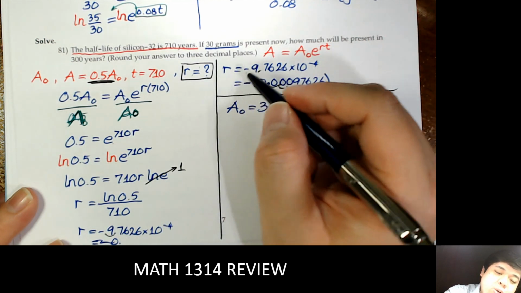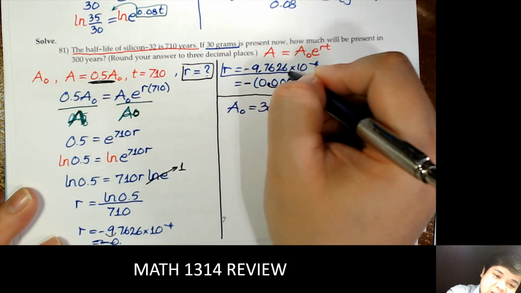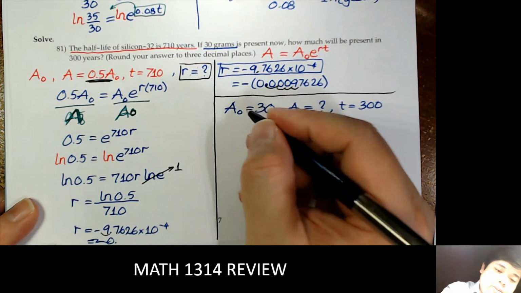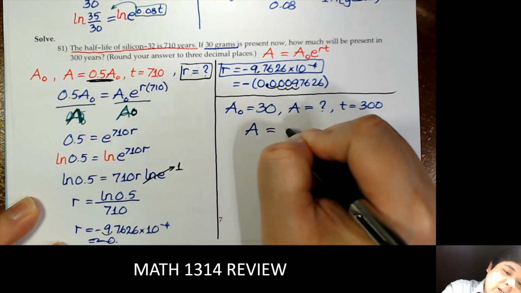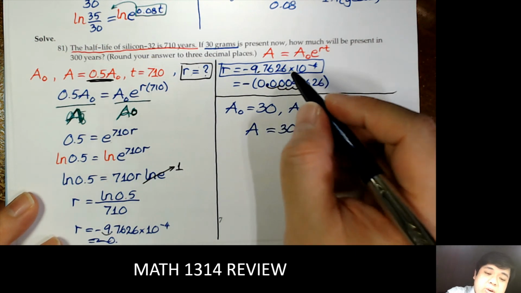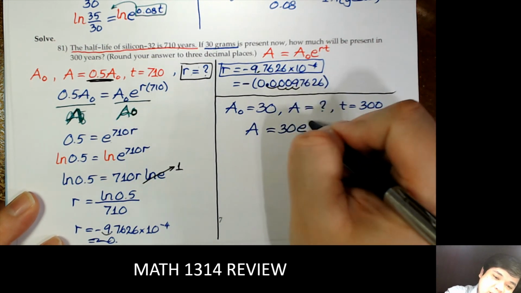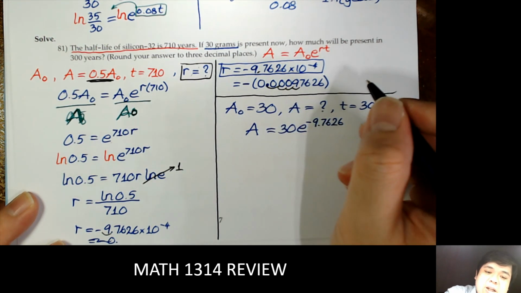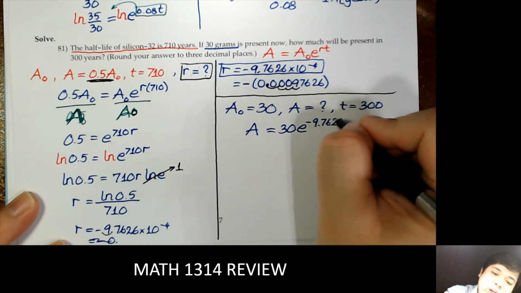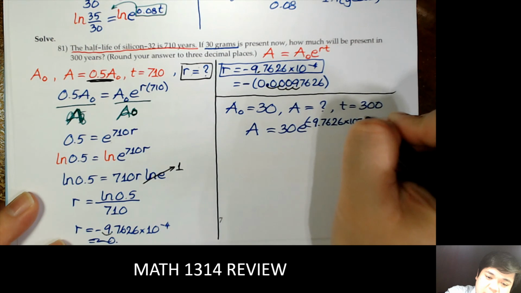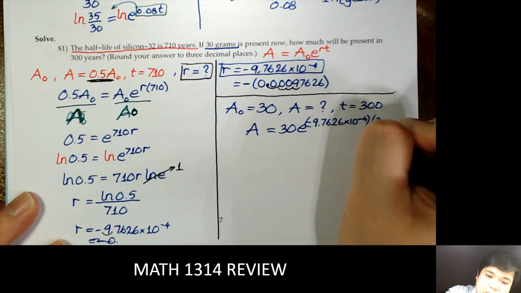We already have the rate, which is good. So put in everything we know in the formula. We don't know A. We know A naught is 30, e, and the rate is going to be negative 9.7626 times 10 to the negative 4, times T, 300 years.